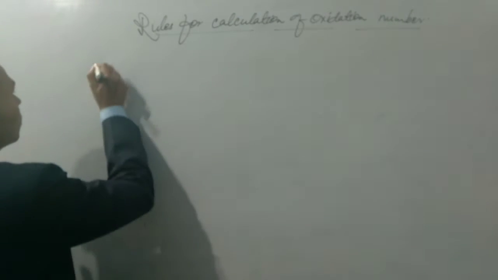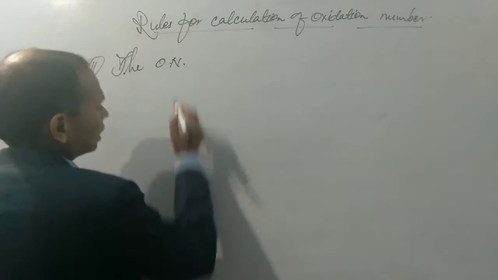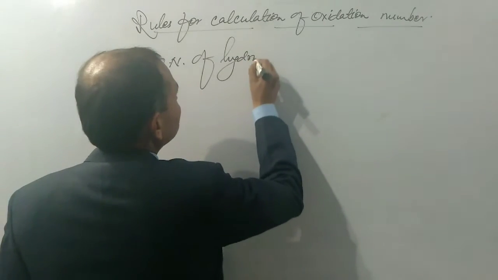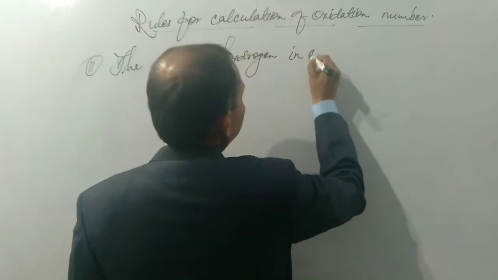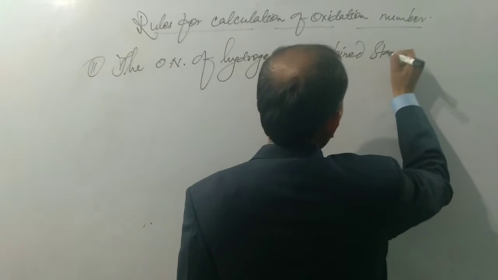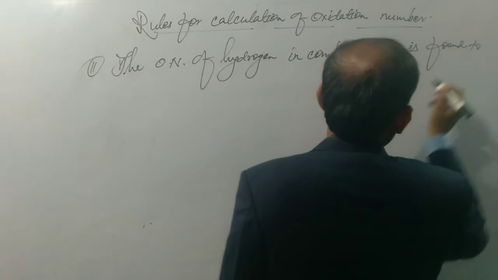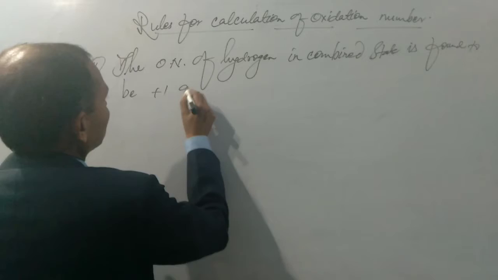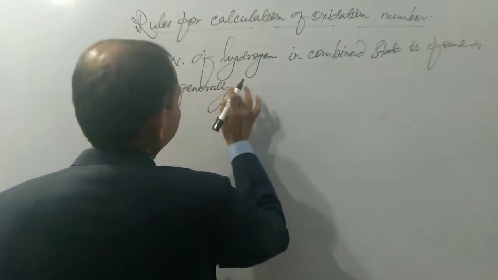So, the second rule tells us that the oxidation number or oxidation state of hydrogen in combined state is found to be +1 generally.